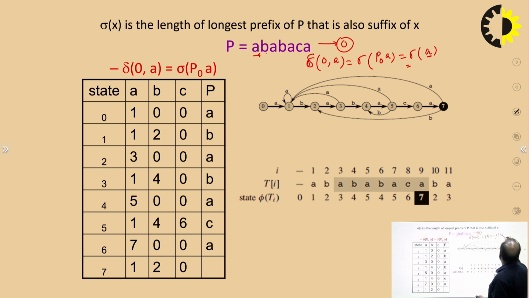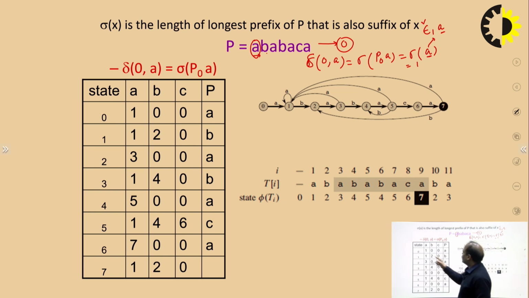Its suffixes are epsilon and A. Epsilon is the trivial suffix, not an issue. A is part of the prefix, so its length is 1. That means if you start from 0 on A, you are reaching state number 1.